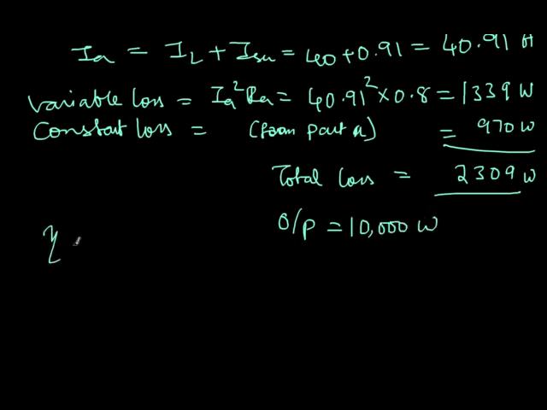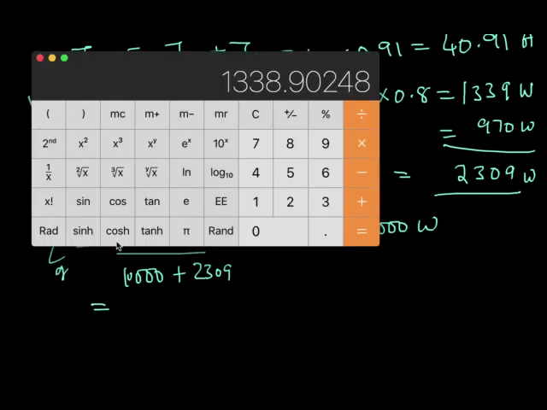So therefore efficiency will be output by input. So that will be 10,000 divided by 10,000 plus 2309. That will be my efficiency. I am working as a generator.